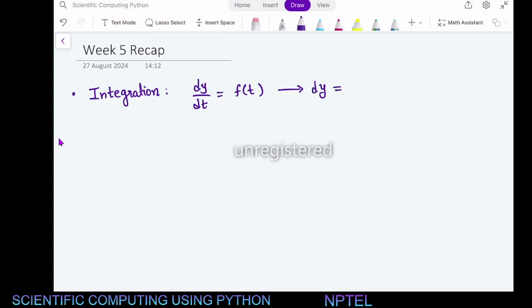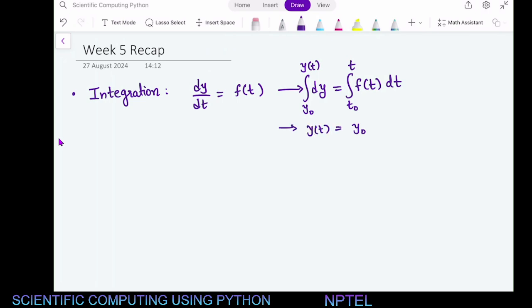Let me write it like this: dy equals f of t dt, and then you integrate, right? And some initial condition is given. Let's say at t0 it's y0, and at time t we need to find y. So we get y of t as y0 plus the integral of f of t dt from t0 to t.